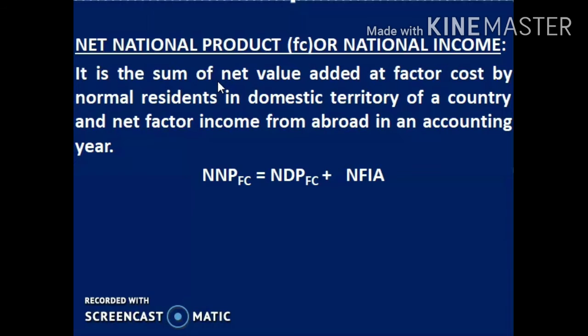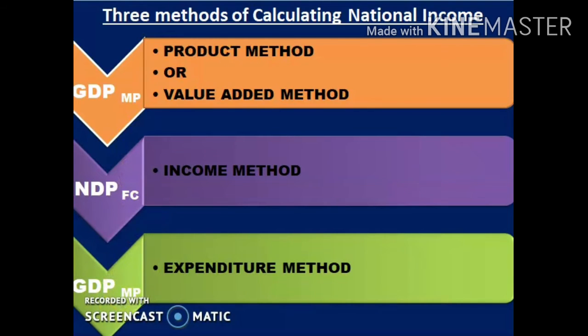By normal residents we mean the people in the domestic territory of a country, and net factor income is what has been received from abroad. So it is known as national income accounting, and the term is NNPFC. Hope you understood.